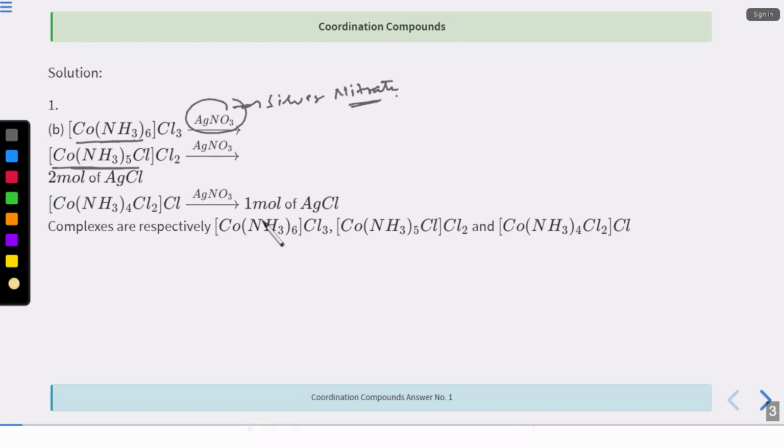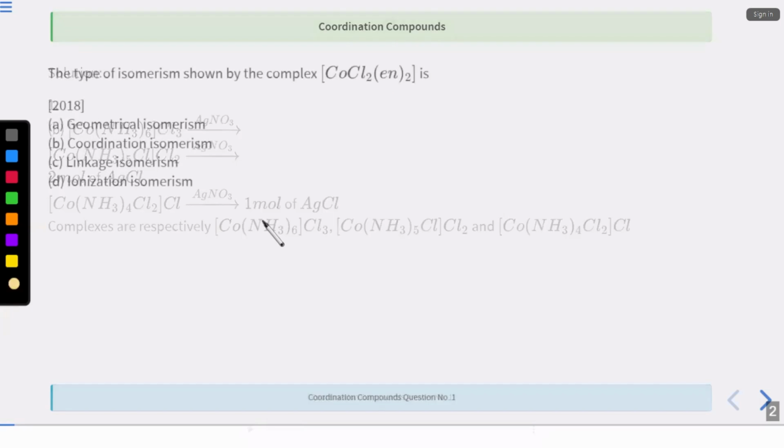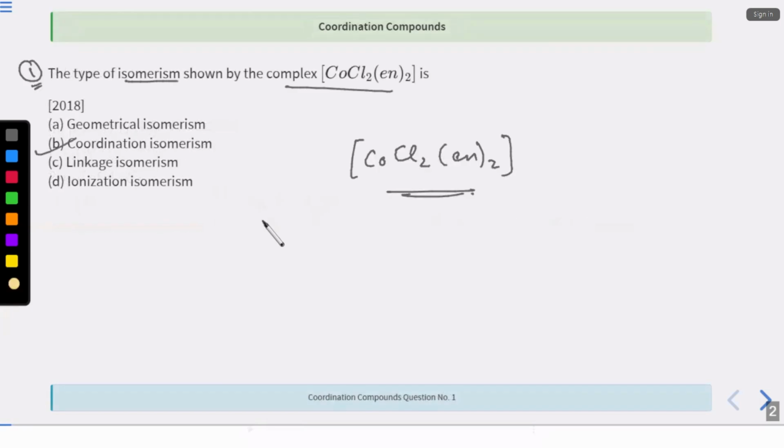One Cl is replaced by AgCl and one Cl comes inside. Then I get 2 moles of AgCl, because Ag and this Cl forms a precipitate of AgCl. Okay. So basically these are formed. So my answer would be B, because basically coordination isomerism is shown like this.